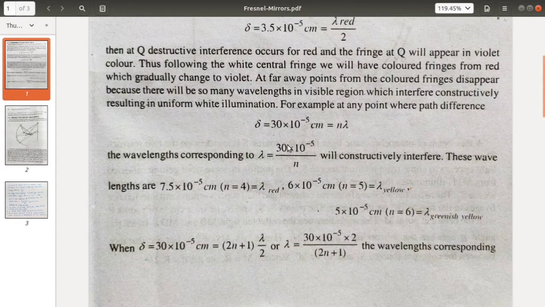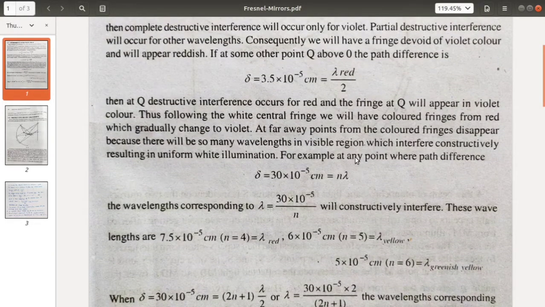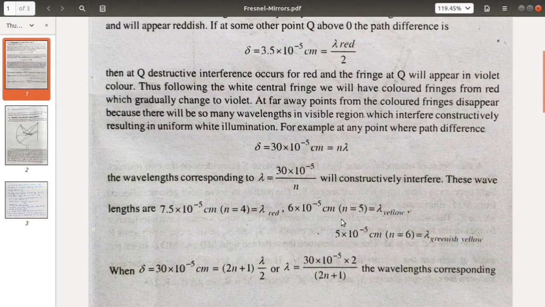If we are getting a path difference 30 into 10 to the power minus 5 centimeter, which corresponds to n lambda, from this we can calculate the lambda corresponding to this path difference, which satisfies the condition for constructive interference. Sorry, the constructive interference condition is n lambda. So they will constructively interfere there, so we will not get any color there.